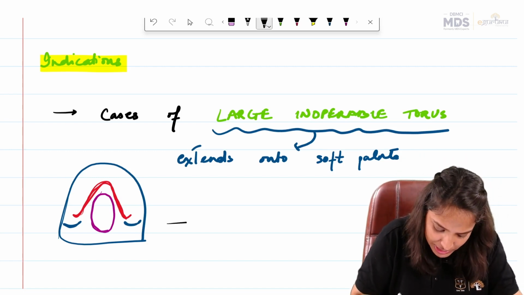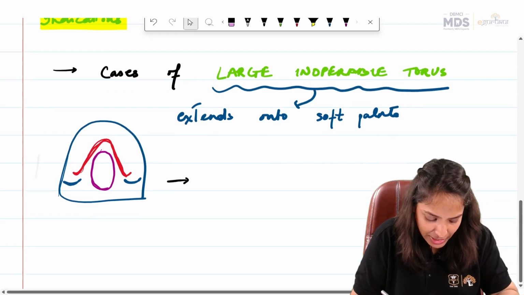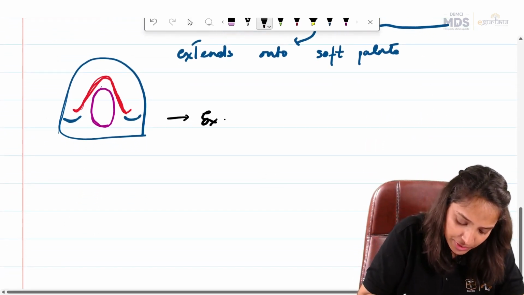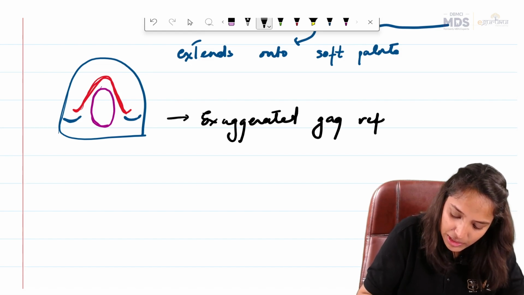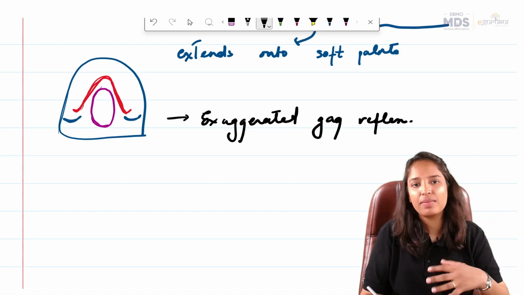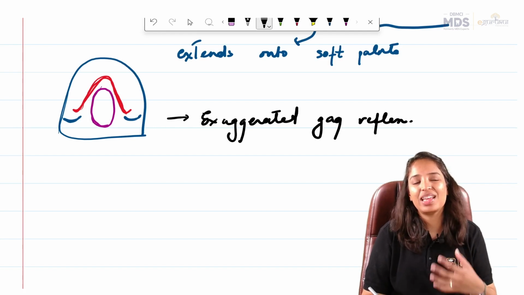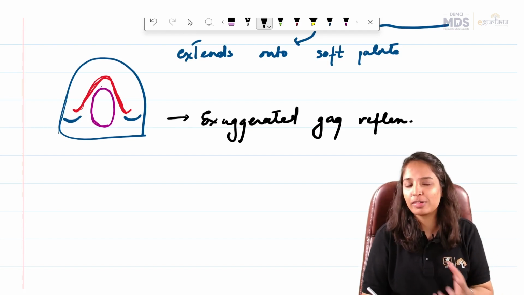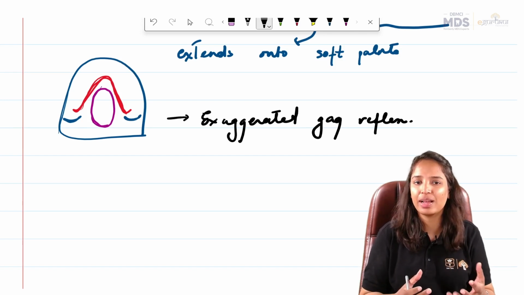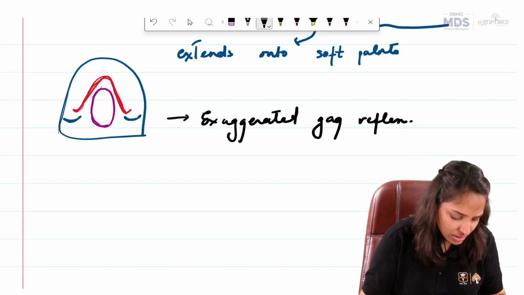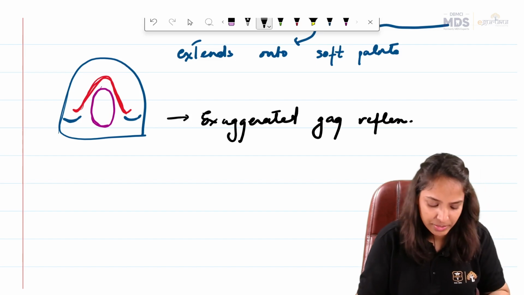Second indication, still if you want to mention and remember, is a patient with an exaggerated gag reflex. When the gag reflex cannot be treated with any pharmacological or non-pharmacological means and you only have the option of a partial denture rehabilitation, you can utilize a U-shaped connector.